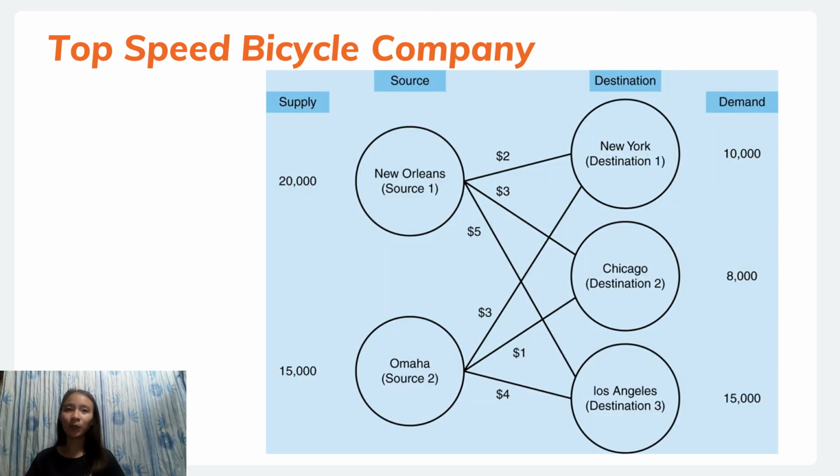In this slide, the picture provides a network representation for this problem. Each circle represents a source or a destination in this problem. Each source and destination is numbered to facilitate a variable definition. Each arrow indicates a possible shipping route and the cost per unit to ship along each of these. It also shows the demand and the supply of the bicycles.